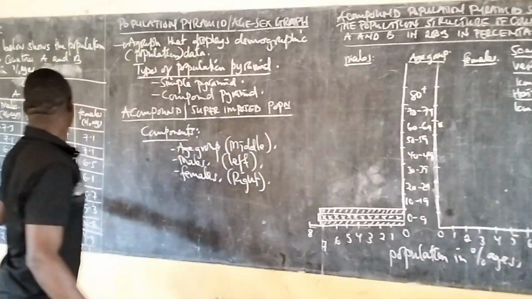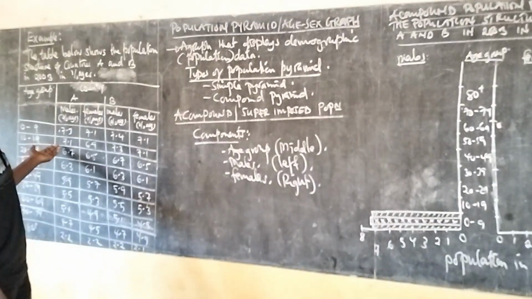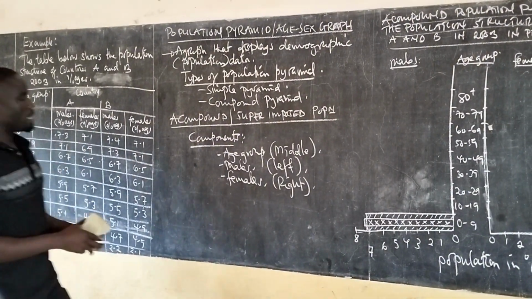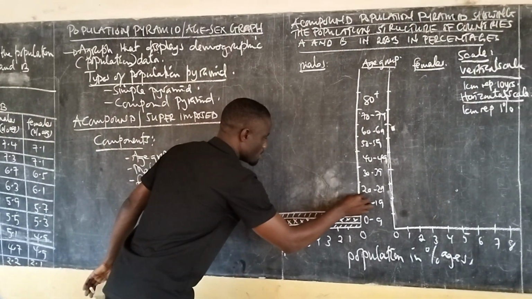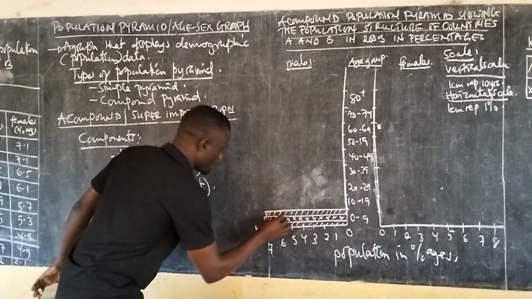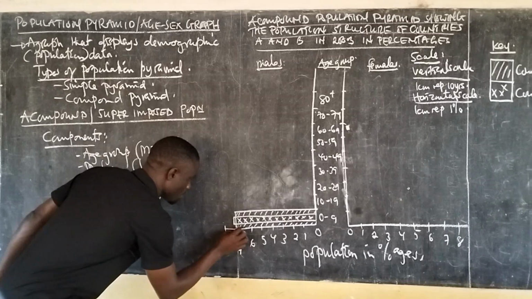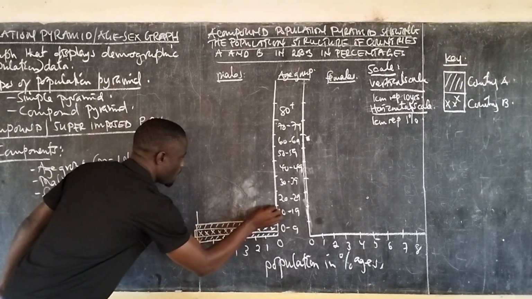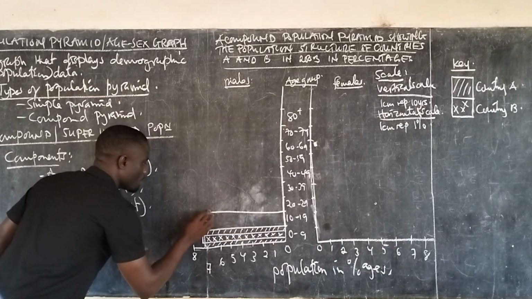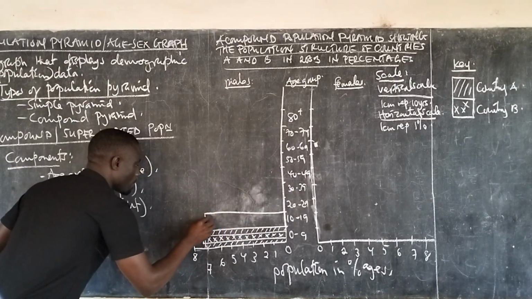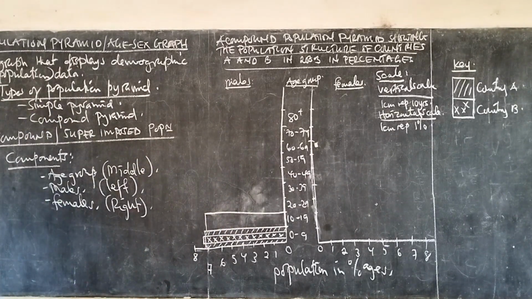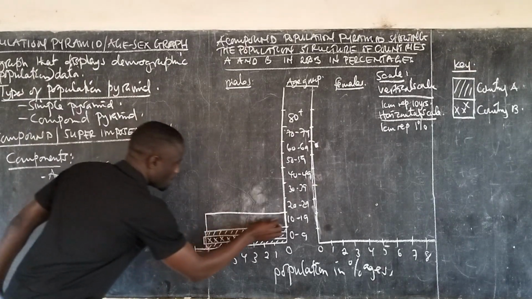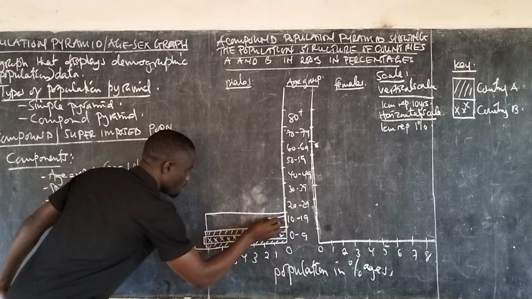So now we can go to 10 to 19. 7.1, that is A. 6.9, that is B. 7.1, this is 7, 7.1, it can be around here. We said 1 centimeter represents 10 years. Then the same age bracket for country B, 7.3.